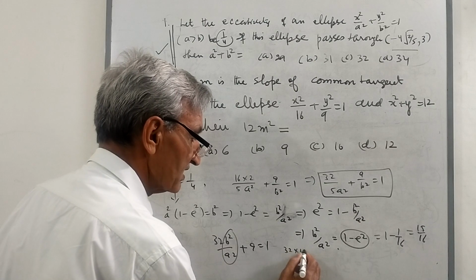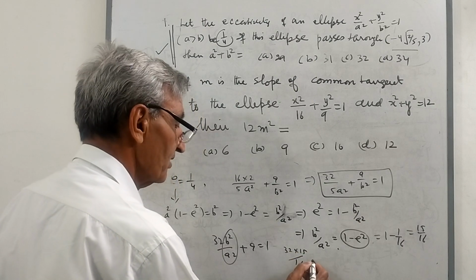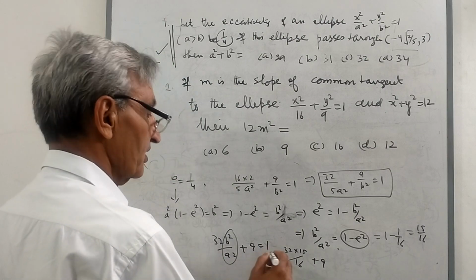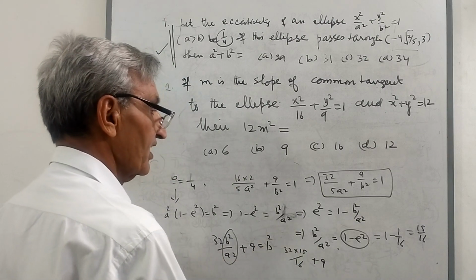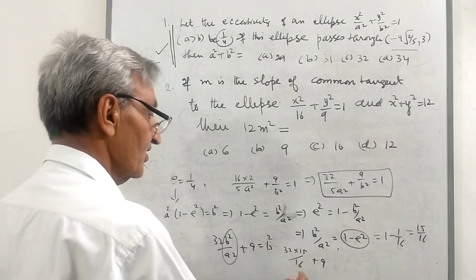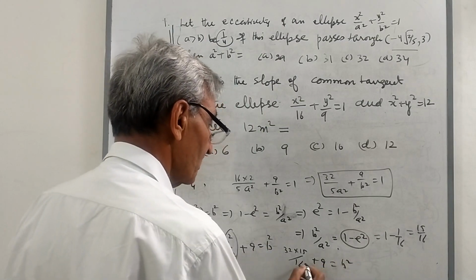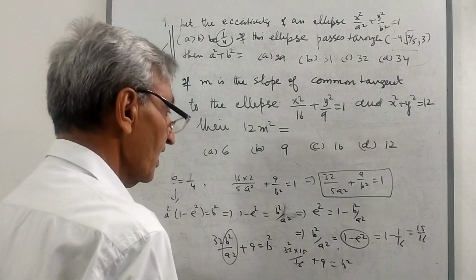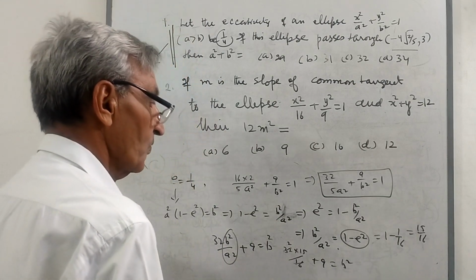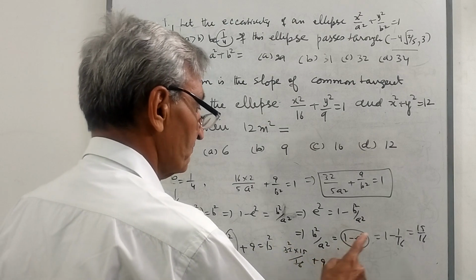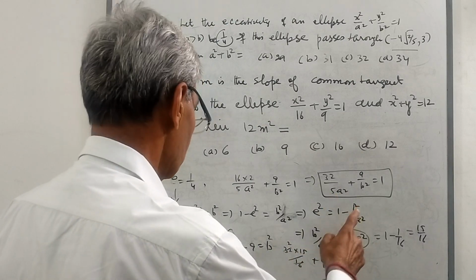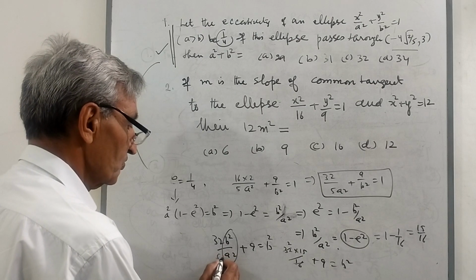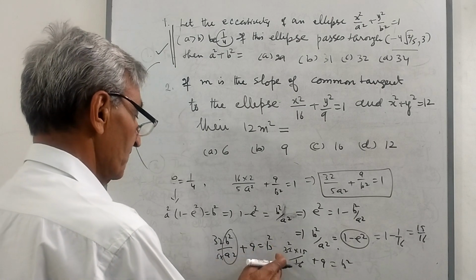32 into 15 by 16 divided by this plus 9 is equal to 1. I said I multiply by B square, so I multiply the B square here. So this is equal to B square.